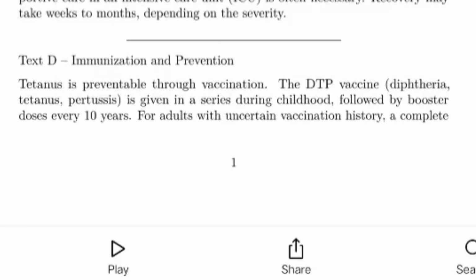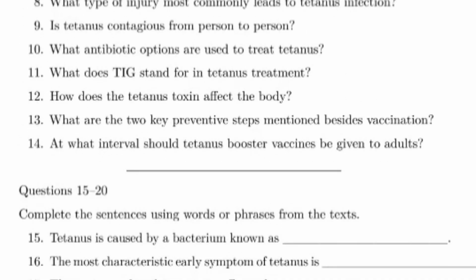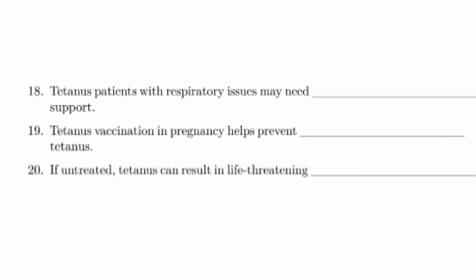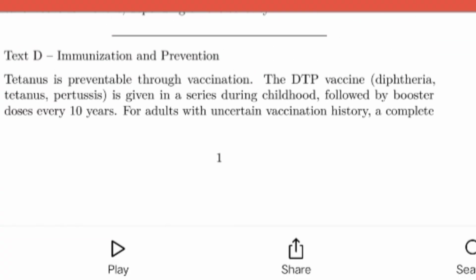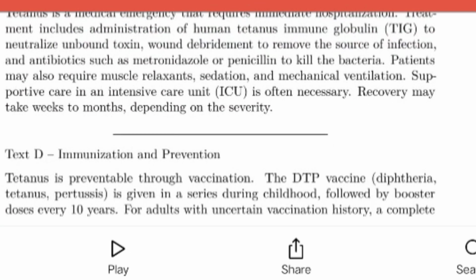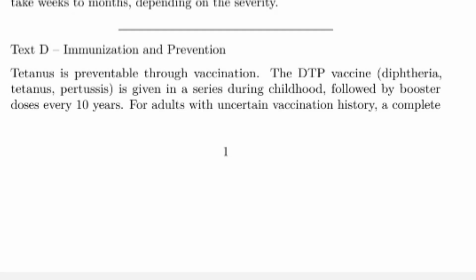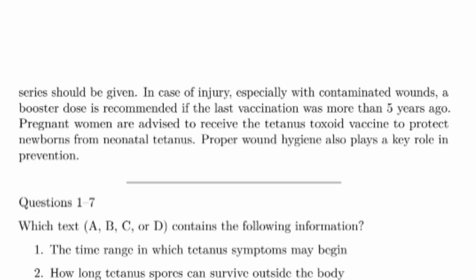Well, next is question 19. Question 19 is: tetanus vaccine in pregnancy helps prevent dash tetanus. So for this, move toward the vaccination side, that is immunization, and we have to find the answer there.